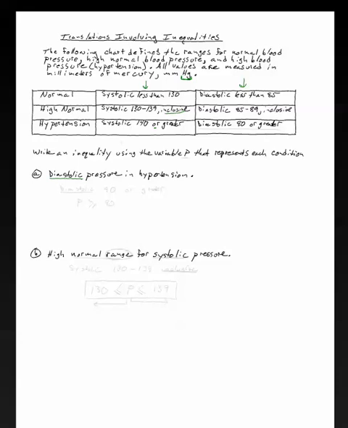So we find the row that represents hypertension, which is the third row, and we go to the diastolic pressure for that. And for hypertension, diastolic is 90 or greater. So I'm just going to write that below here. Diastolic 90 or greater.